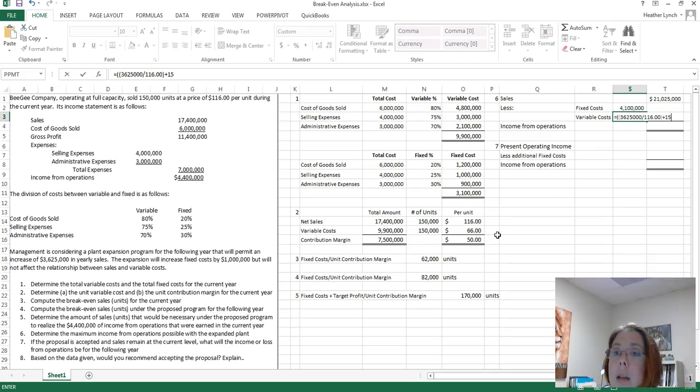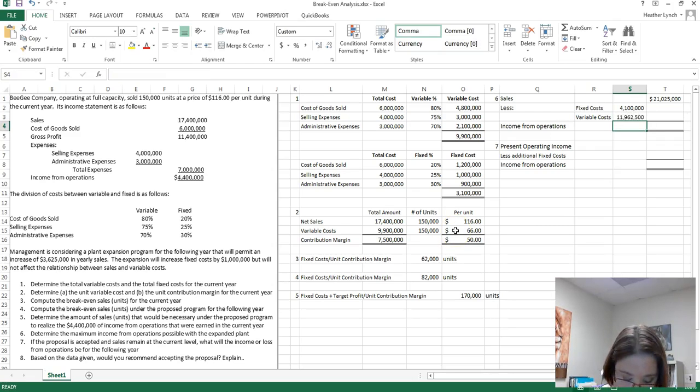Plus 150,000 units, and we need to times that by $66. Okay, so that gives you 11,962,500. So what we did here, we're going to increase our sales.